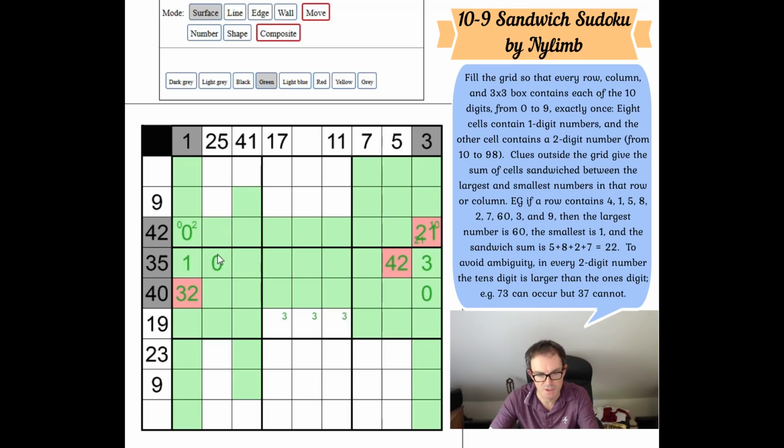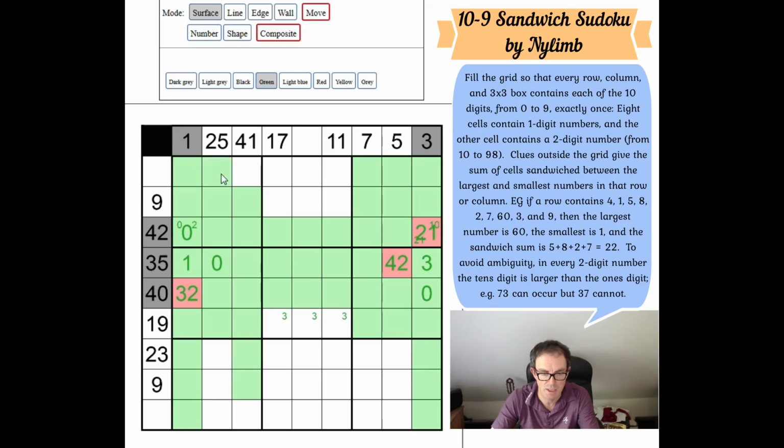But I've just noticed that this column has a 0 on its own. So we know 0 is a crust of the sandwich. 25 is a relatively large number. Even though I could put 9 in the sandwich, 9, 8, 7 only gets me to 24. So that this has a 4-cell sum at least. Therefore, where does the 2-digit sum go here? It can't go here.